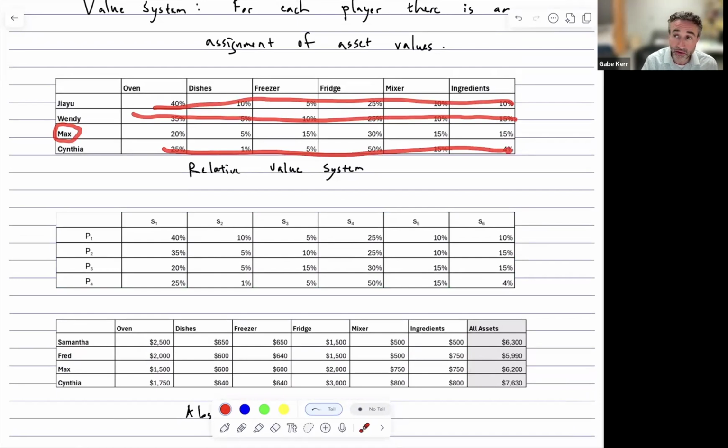I just know how I value them. I don't know how the others value these assets. That could be very useful information if you were trying to game a system or play a game and maximize your share. But we're assuming that every player has their own private value system for the assets.